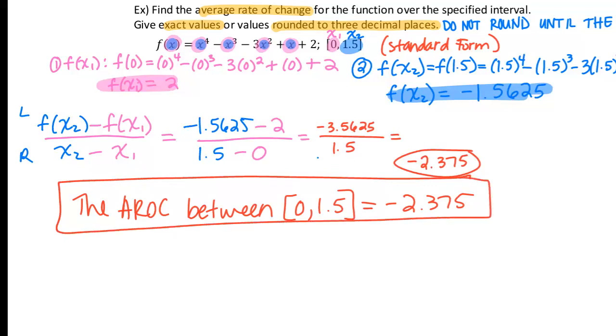That's to 3 decimal places, so after the decimal, 3 numbers. So that is the final answer then. Okay? All right.